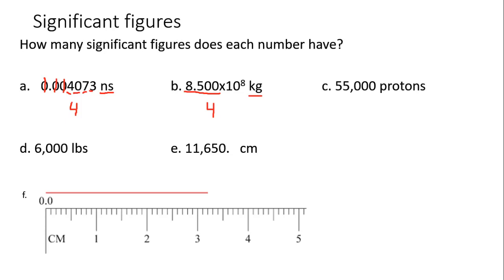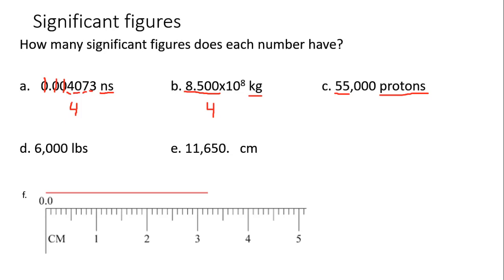Now we go to C. C is 55,000 protons. At first glance, you may say, well, this should have 2 significant figures. But you need to look at the unit here. What we're measuring is the number of protons, and that is something you can count.